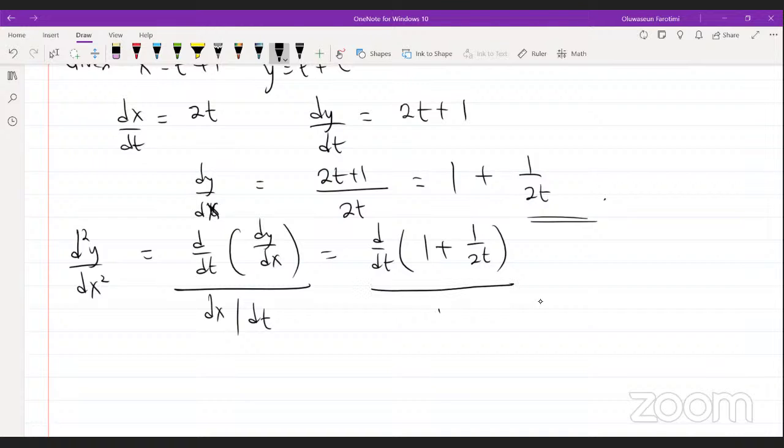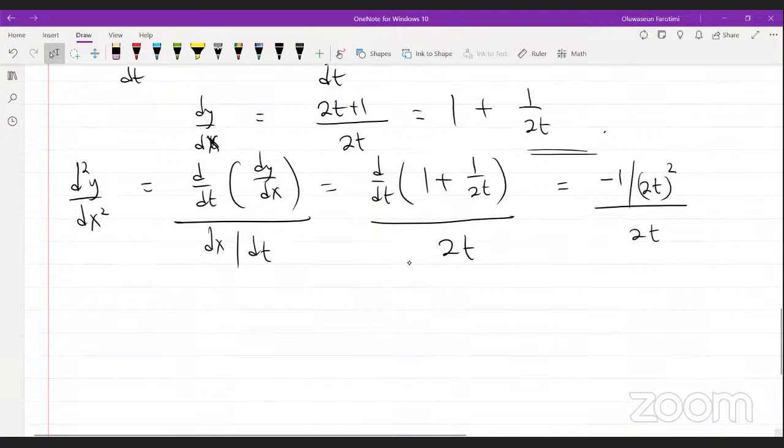Divided by, what is dx/dt? I had 2t. Okay, so if you differentiate this, remember, you're just going to have negative 1 over (2t) squared, divided by 2t. Got to put things together.